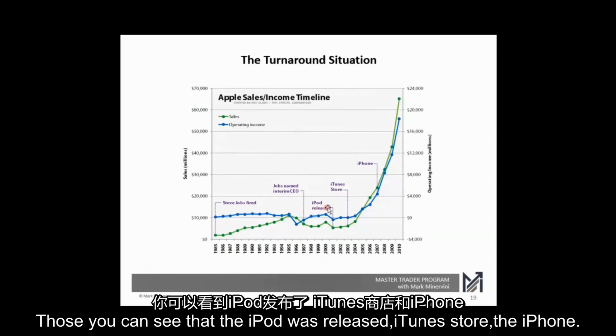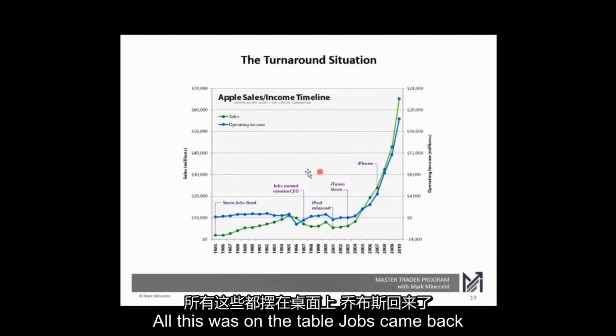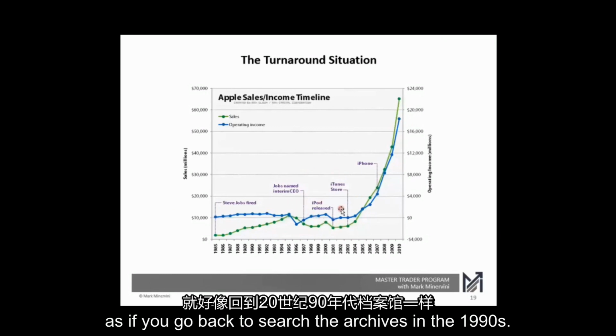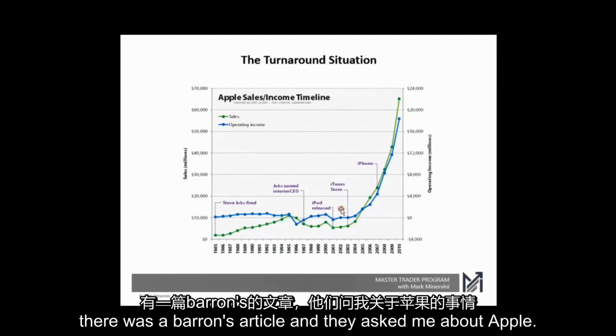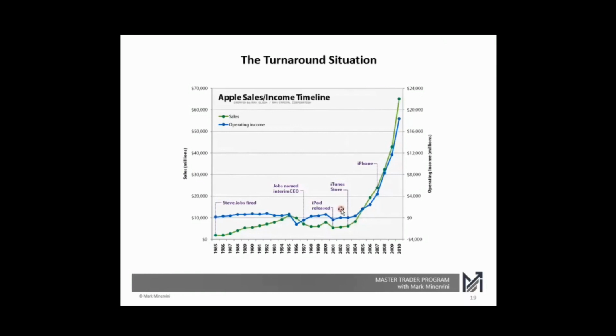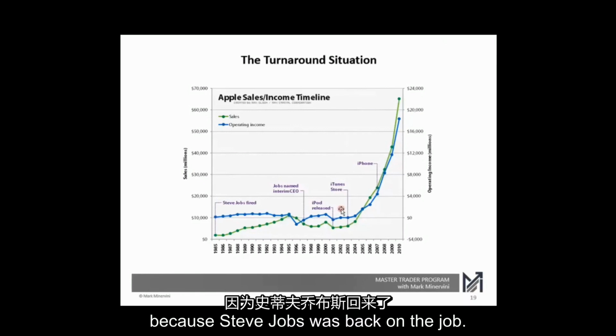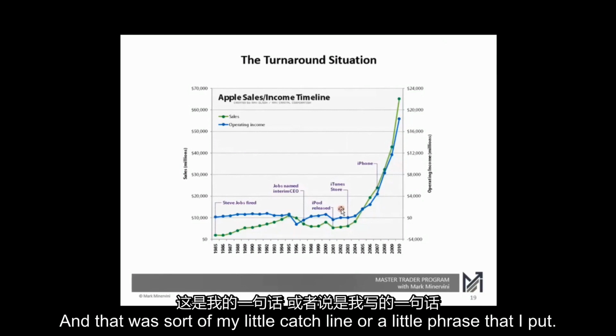Here's what I want to look at here, though. You can see that the iPod was released, the iTunes Store, the iPhone. All this was on the table. Jobs came back. If you go back to search the archives in the 1990s, when Steve Jobs came back, there was a Barron's article, and they asked me about Apple, and I said I was bullish on Apple because Steve Jobs was back on the job. That was sort of my little catch line.